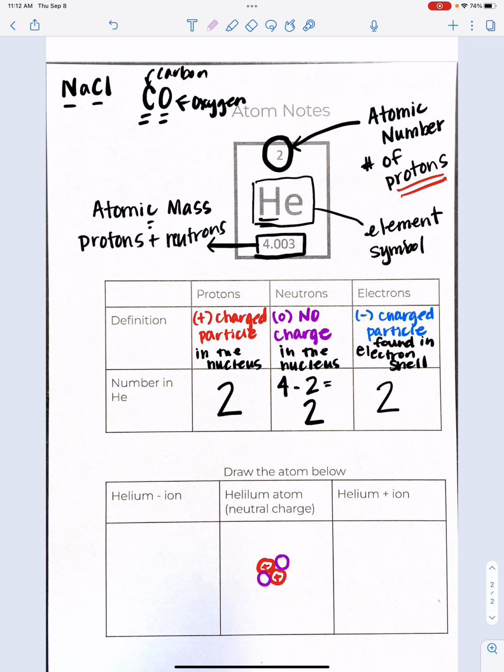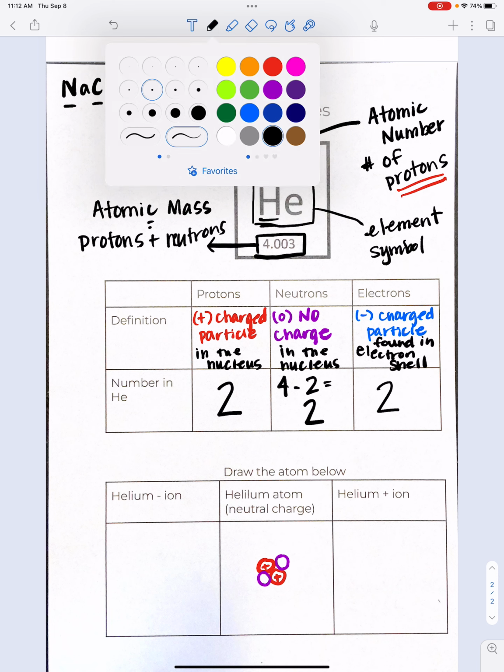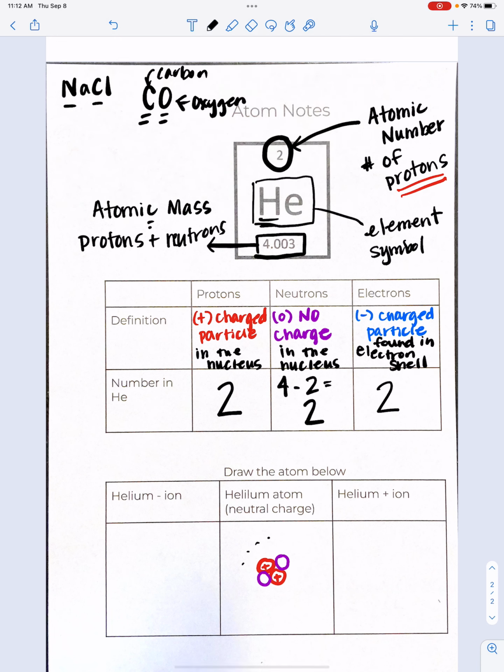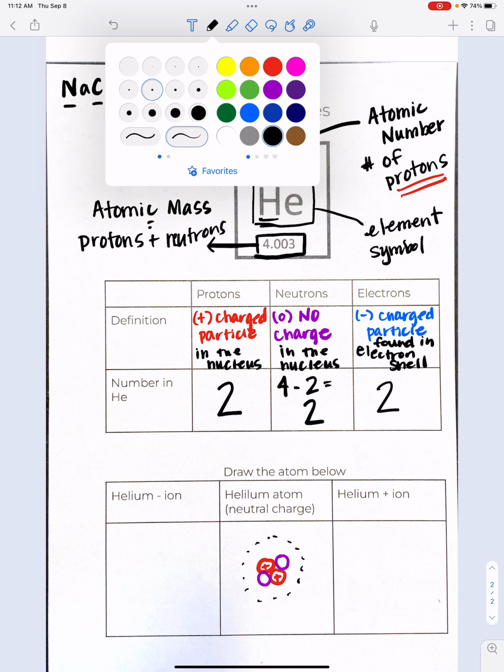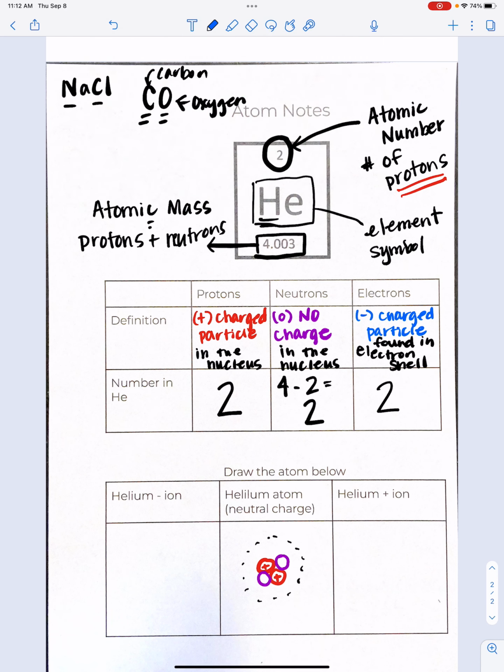And then I am going to float my electrons on the electron shell around the atom. Okay, so I have my 2 neutrons, 2 protons, and 2 electrons. The electrons are on the outside floating around.